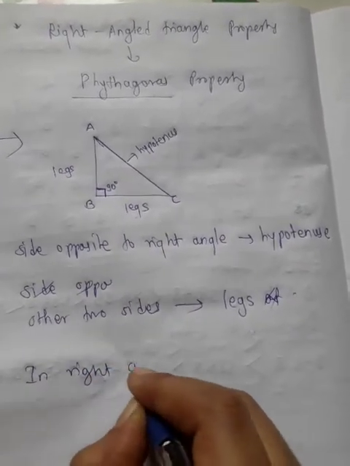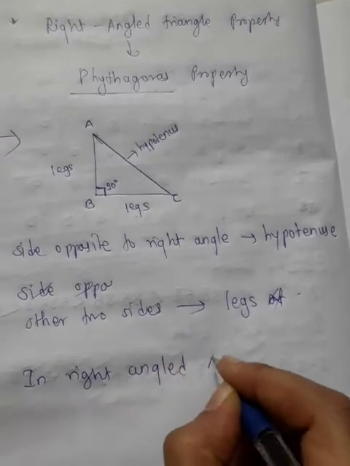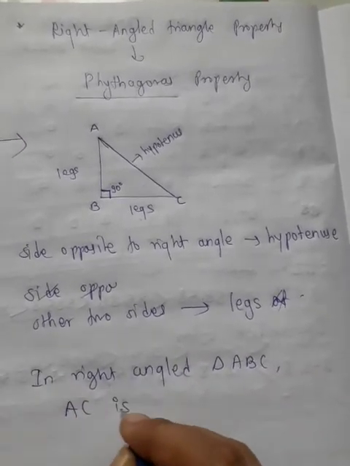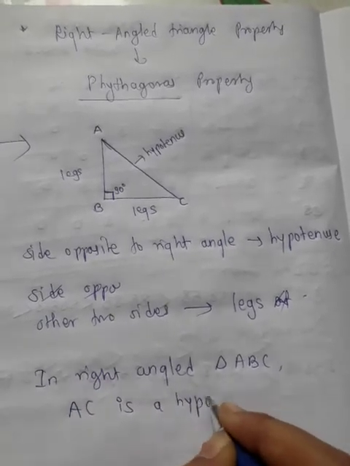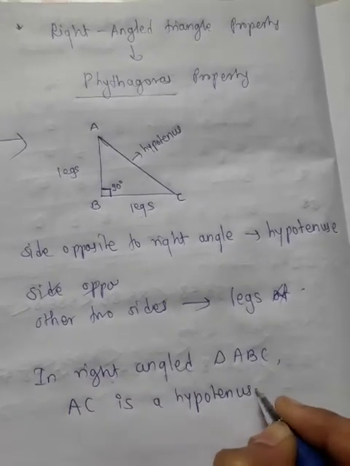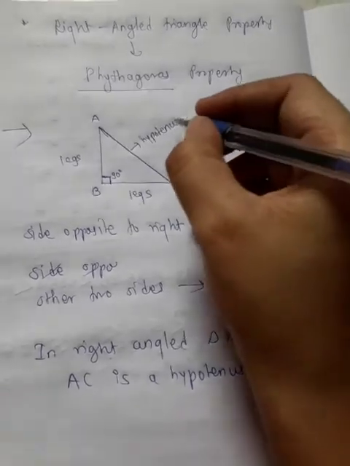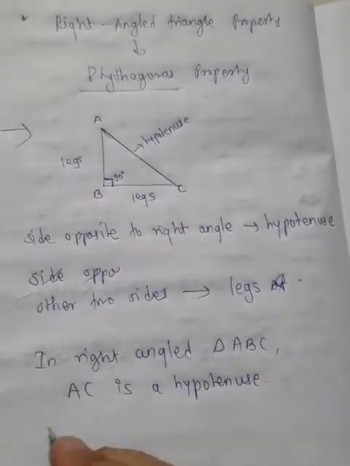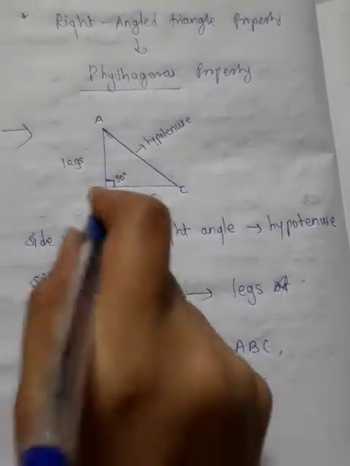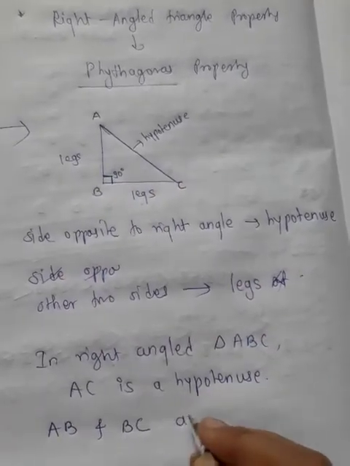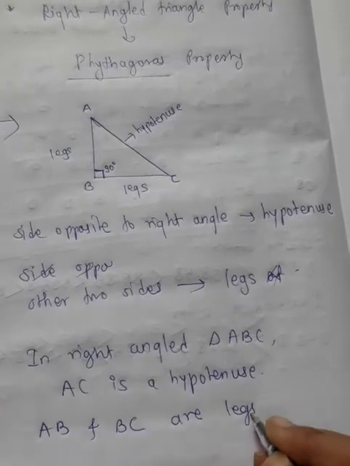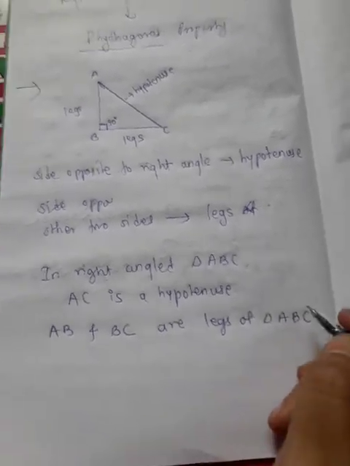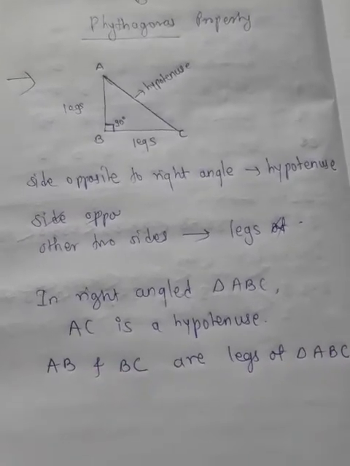In this right angle triangle ABC, AC is the hypotenuse, and AB and BC are legs of triangle ABC. Remember that.